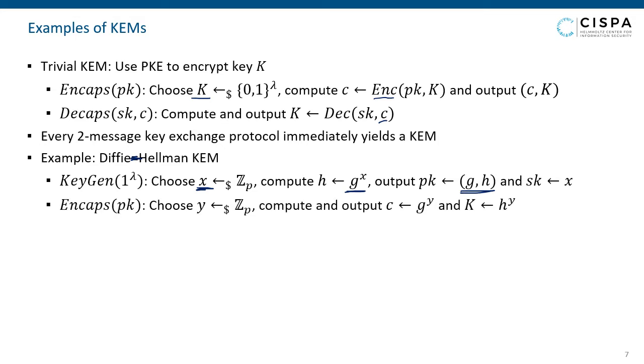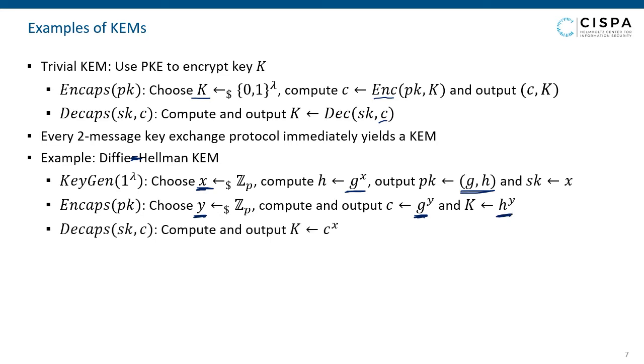To encapsulate a key, we choose a uniformly random y in Z_p and output a ciphertext c, which is just g to the y, and a key k, which is h to the y.